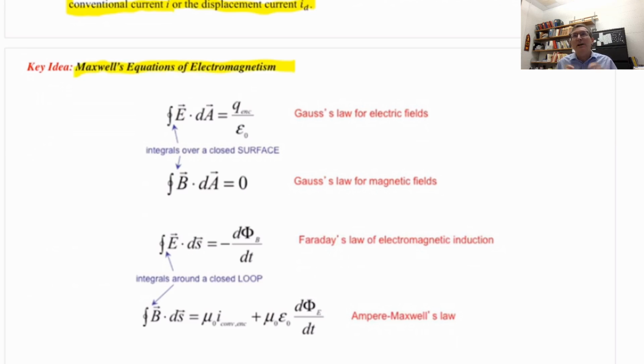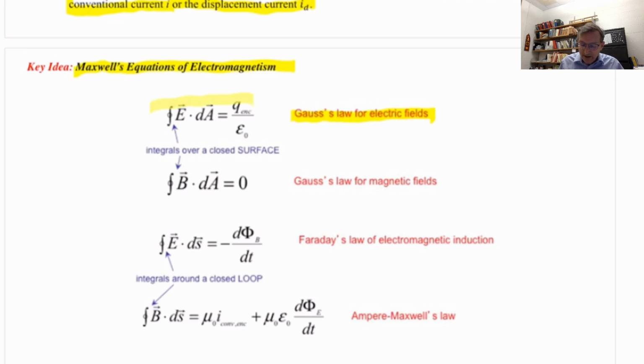Maxwell was the one who put them together and showed how some of them were connected with each other, and then deduced new implications from that. But here we are. What are the four equations of electromagnetism? In no particular order. They're not in order of importance. They're all equally important.